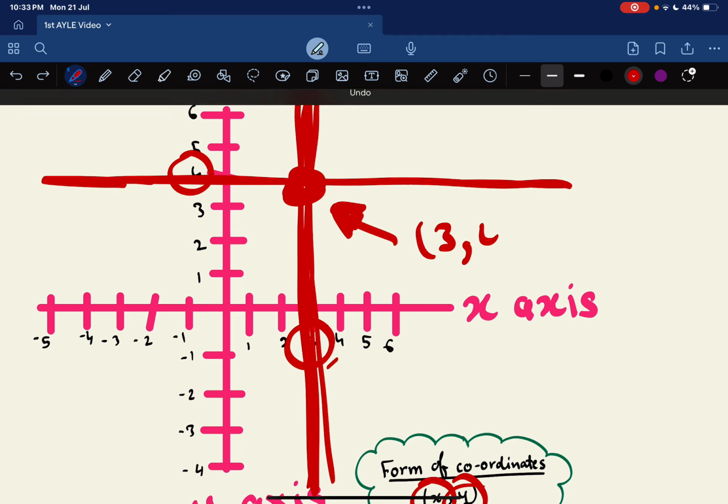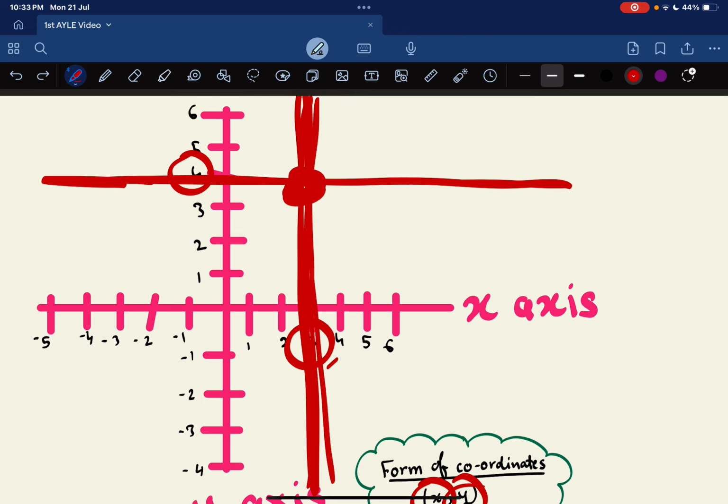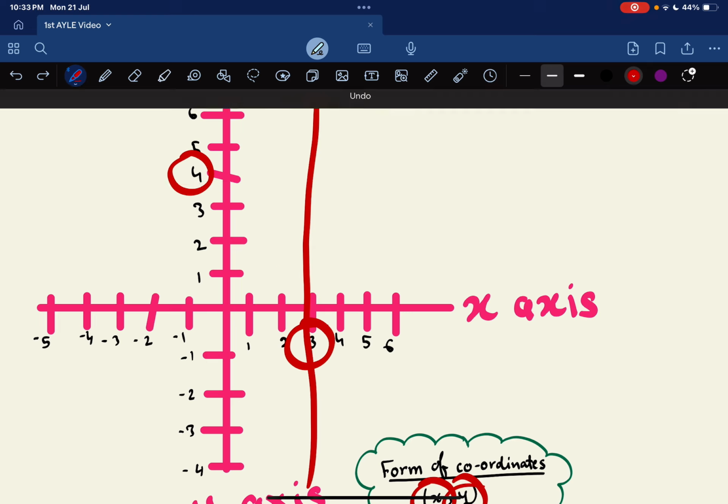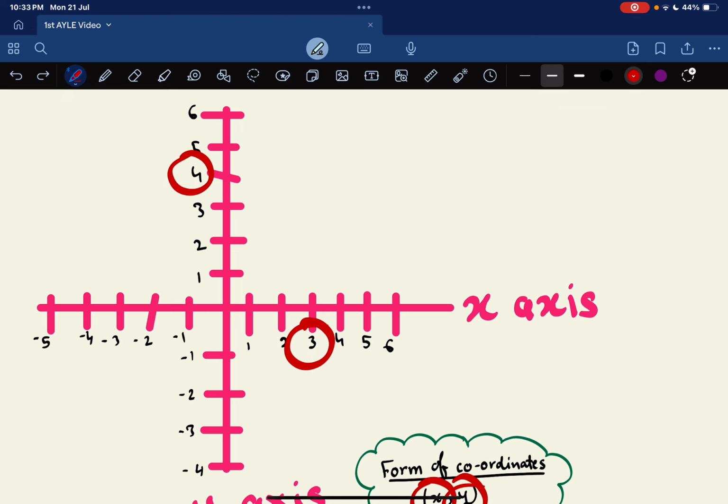So to recap, I'll just rub this out and make it a little bit neater so that it's a bit easier to understand. Here, so we've got x value, which is 3, so it's going to be on this vertical. Remember, it's vertical because nowhere else on the x-axis have we got the number 3. It's only anywhere on the straight line.